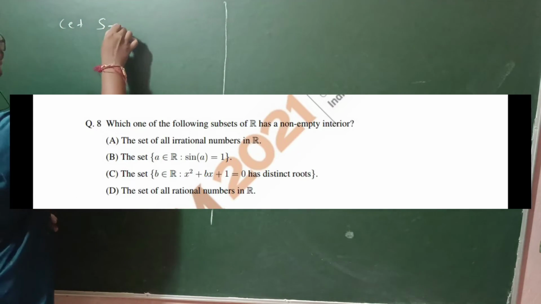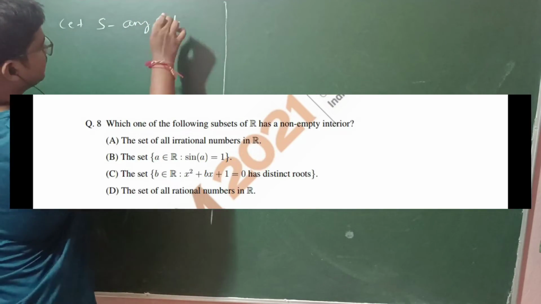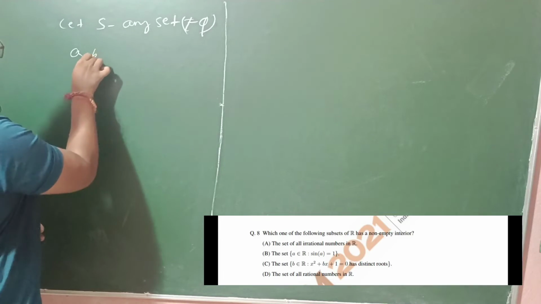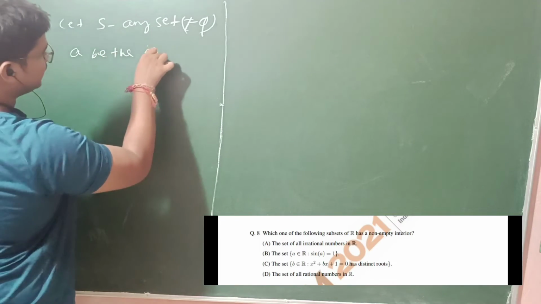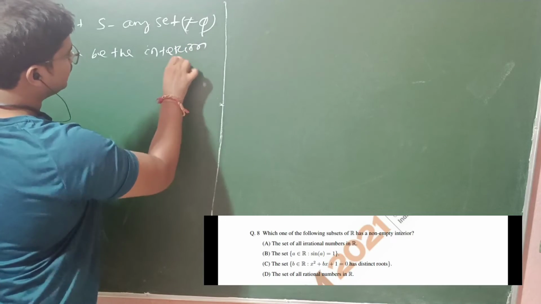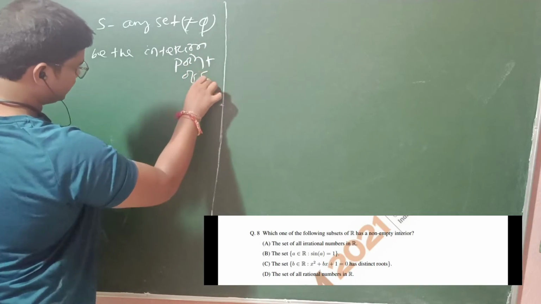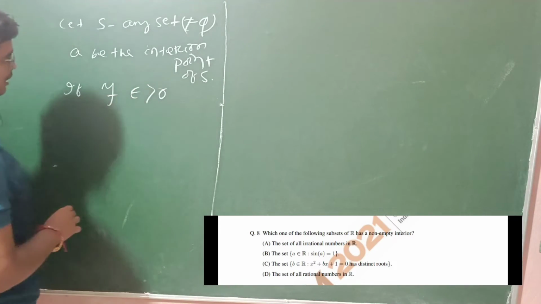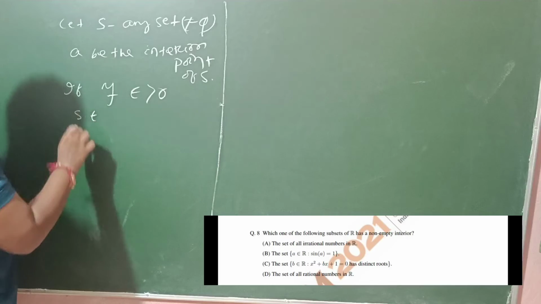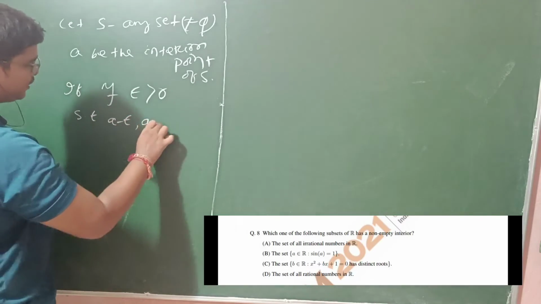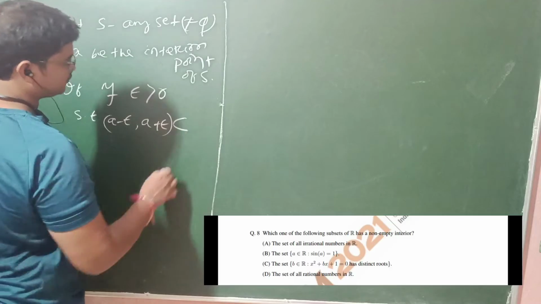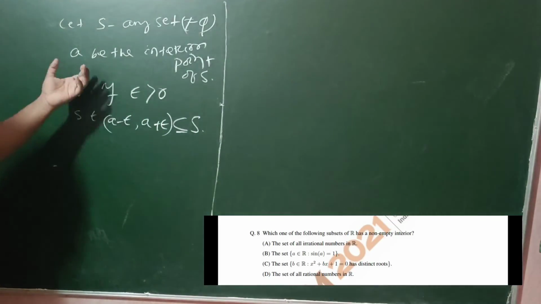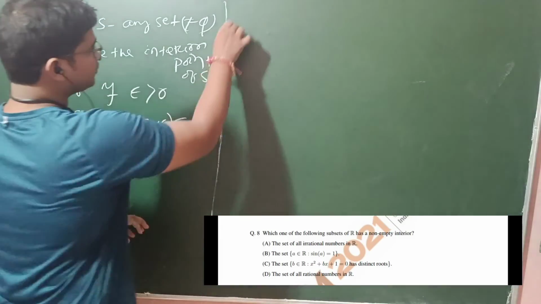Let S be any non-empty set. A is an interior point of S if there exists epsilon greater than 0 such that (A minus epsilon, A plus epsilon) is contained in S. That is an interior point.